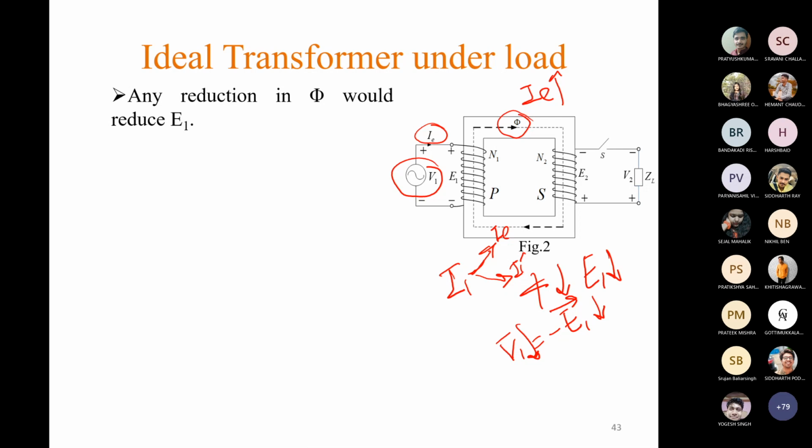One is IE, another is I1 dash. I1 dash is the component which is nullifying the effect of secondary current I2. That means I1 dash is the load component of primary current, which is opposing the reduction of flux phi. So it is the load component of primary current which is responsible for the flux to remain constant. Is it clear?